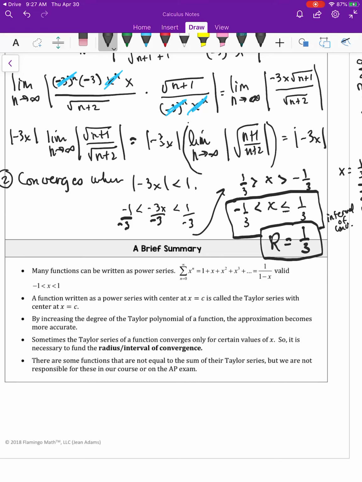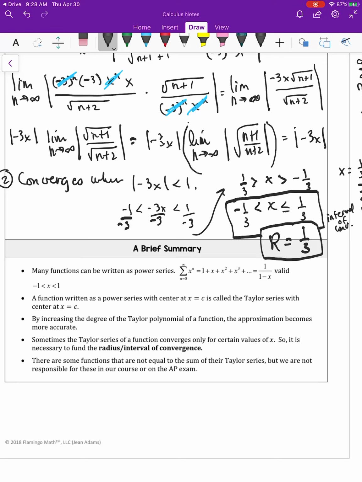All right, so a brief summary. Many functions can be written as power series. In fact, there are some in your book that we use, like this one right here, 1 over 1 minus x is equivalent to this summation. Oh, and by the way, it's only valid from negative 1 to 1, but sometimes that's enough, and sometimes we use that to find other power series.